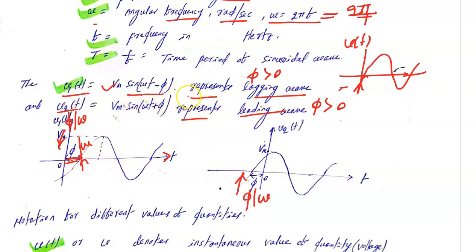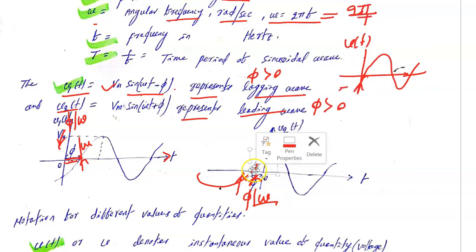Normally lagging and leading is a property with respect to the phase angle. Coming back to v2(t), we see that the wave has been moved by a time of phi upon omega, because of its starting point.